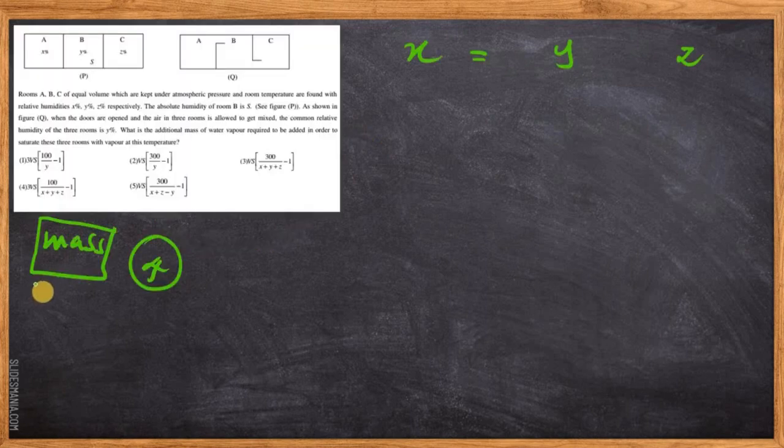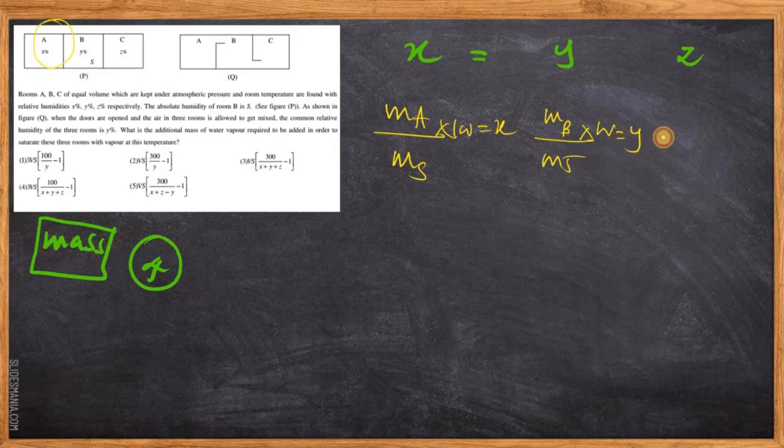Let's get into the question again. So if I'm using that equation, x% means MA, the mass in A, divided by MS, the amount that is needed to saturate A, into 100. From that I get x. Again for B, MB over MS into 100, I get y.